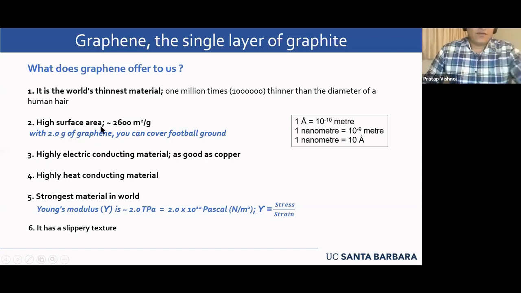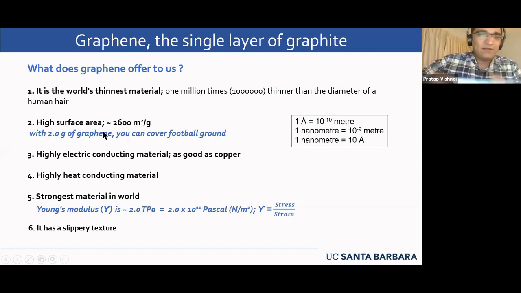The high surface area, this is very important. So take a graphene sheet here, I consider this as graphene. The top and bottom surface is actually huge, and the thickness is almost nothing.